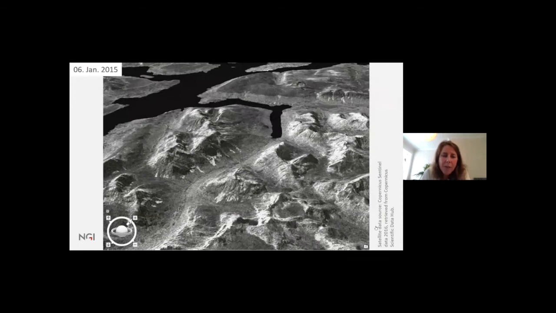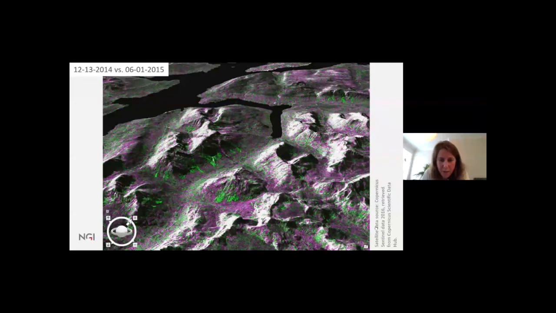If we now differentiate these two pictures by subtracting one from the other, that's the next image, you see them as green highlighted blobs or clusters of cells. And these are actually the avalanches we are interested in. So the white areas, that's where we have no data due to this radar distortion that I shortly mentioned initially.